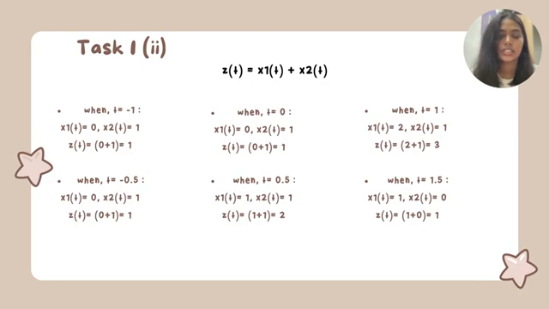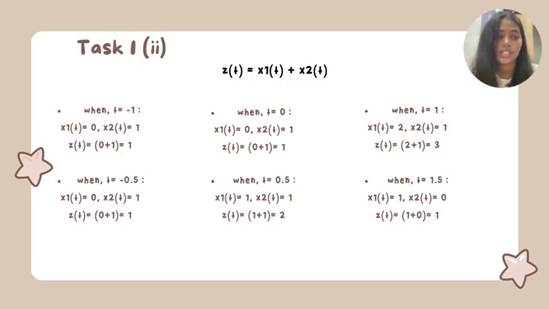When we take t equal to 0.5, the amplitude of x1 turns from 0 to 1 and x2 is 1, so zt will be 2. When we take t equal to 1, the amplitude in x1 is 2 and x2 is 1, so zt is equal to 3.